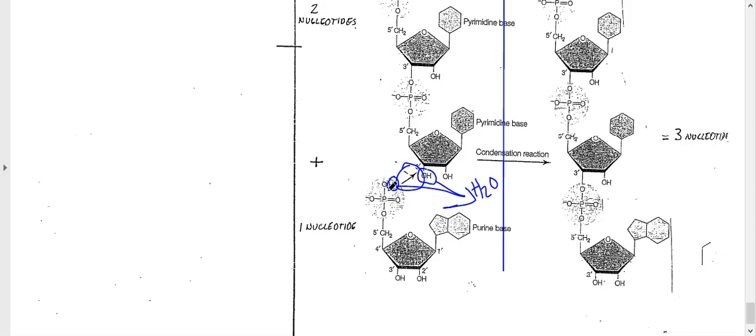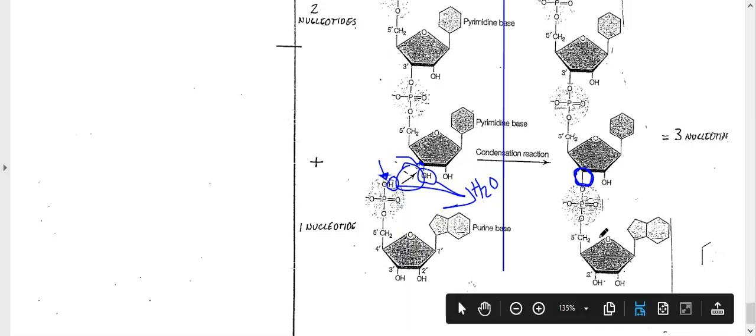You form a covalent bond between the oxygen in the phosphate group and the 3' carbon, right? So you're forming this bond right here. And now you have the nucleotides linked together, right? That's dehydration synthesis.